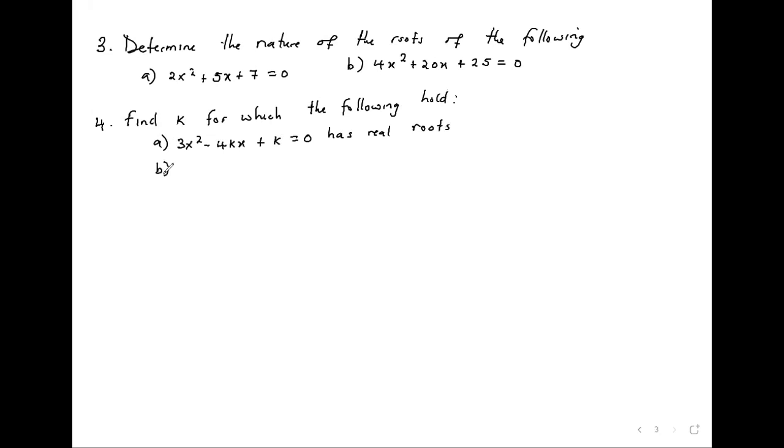And B, 3x squared plus kx minus 2 is equal to 0 has roots whose sum is equal to 6.